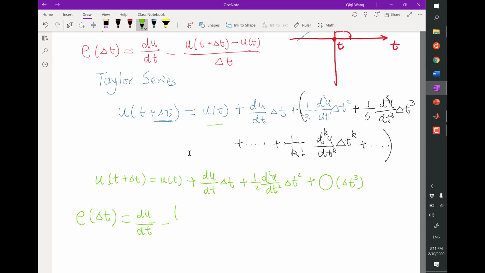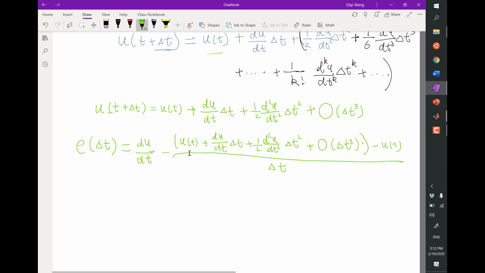So the first term becomes u(t) plus du/dt times delta t plus half of d squared u/dt squared times delta t squared plus this big O notation. That's going to be something, I'm just saying something, I don't care. Okay, so this is this guy. Okay, and minus u(t) divided by delta t.